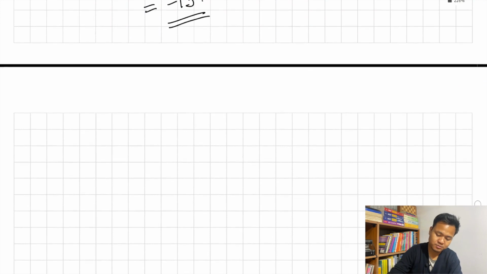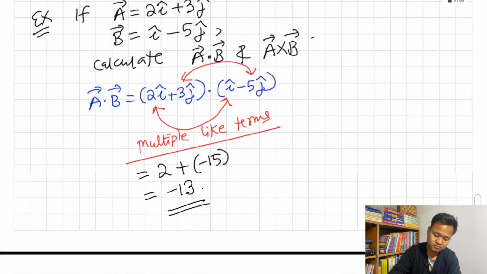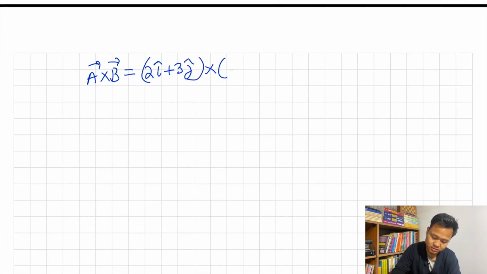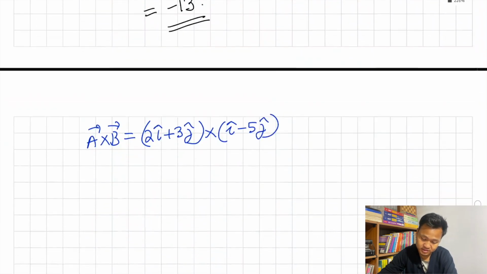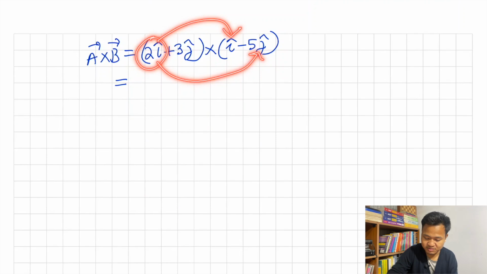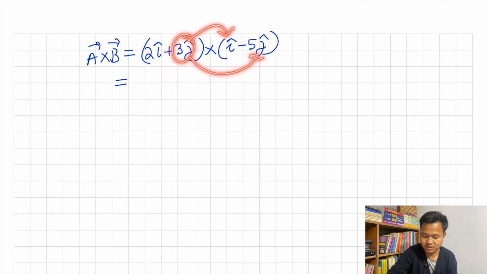Now let's see the cross product. a cross b will be 2i plus 3j cross i minus 5j. First you open the bracket and multiply, this with this and this with this.